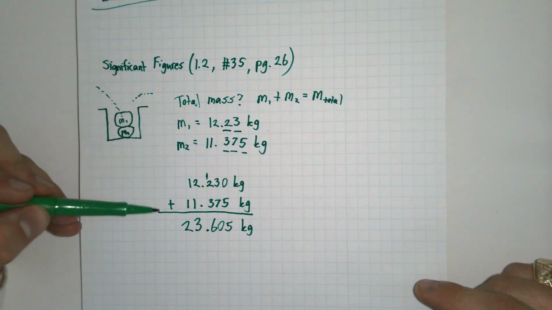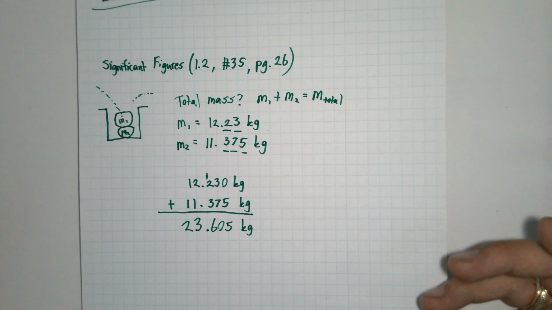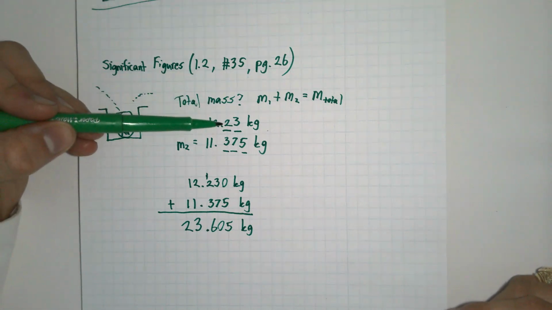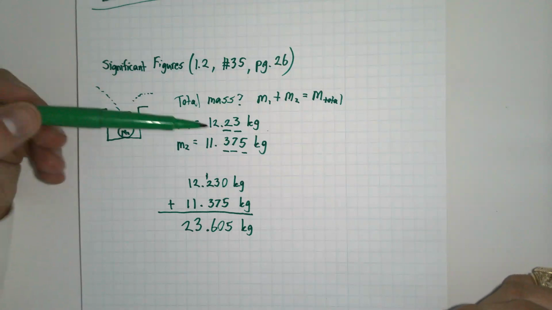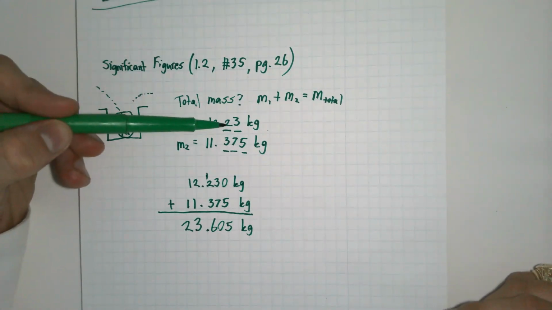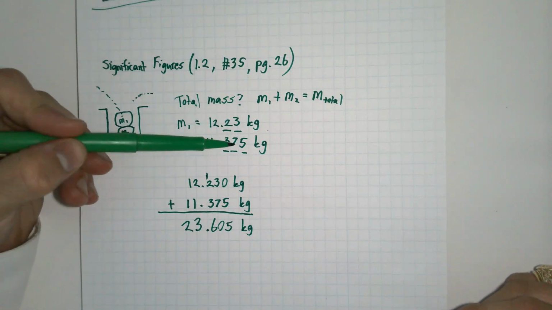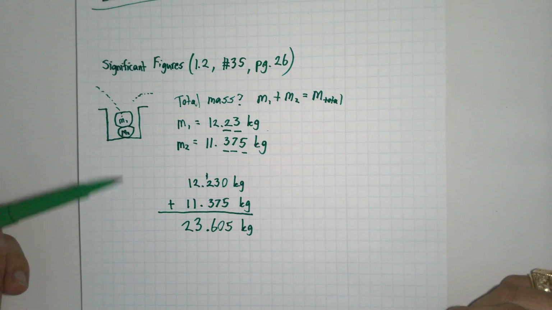For the rules of addition for significant figures, we know that that's what matters. We care about how many decimal places to the right of the decimal our measurement has. This one has 2, to the tens and hundreds place, then thousands where the 5 is at.